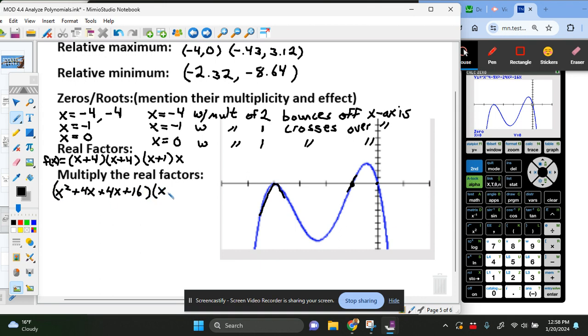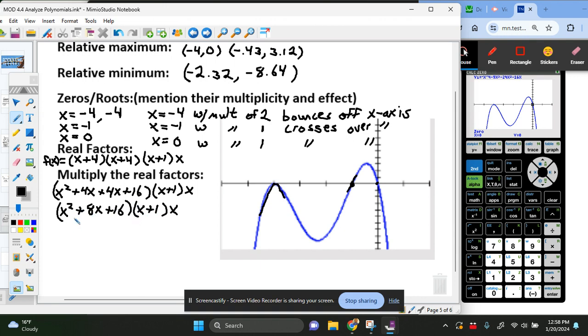And x plus 1, and we got this factor of x here as well. Let's simplify this to its trinomial here: x squared plus 8x plus 16, times this factor of x plus 1, times x. Okay, so now let's distribute this x with all 3 of these terms.